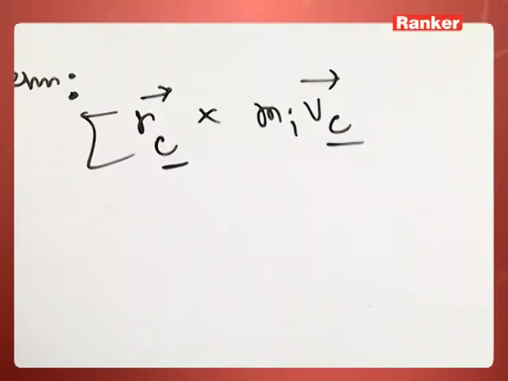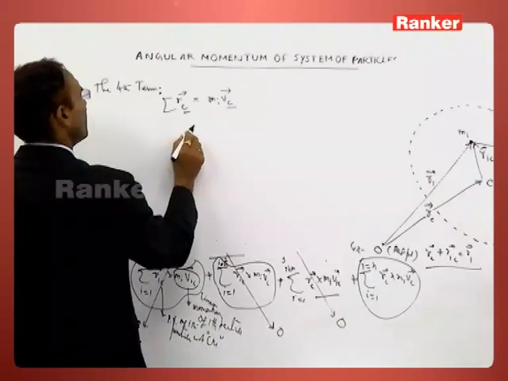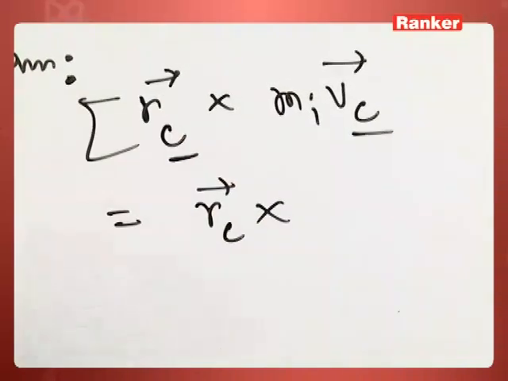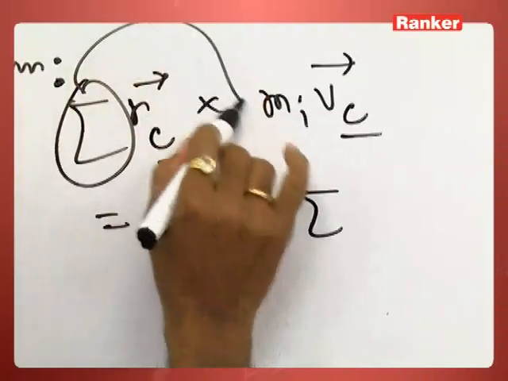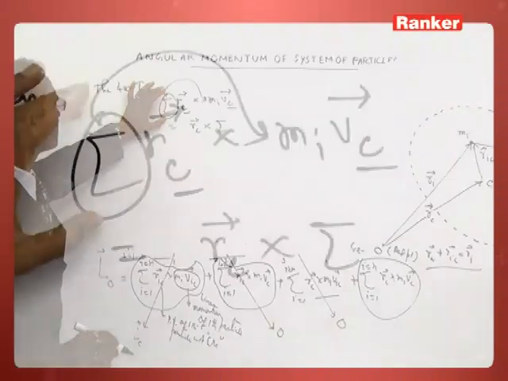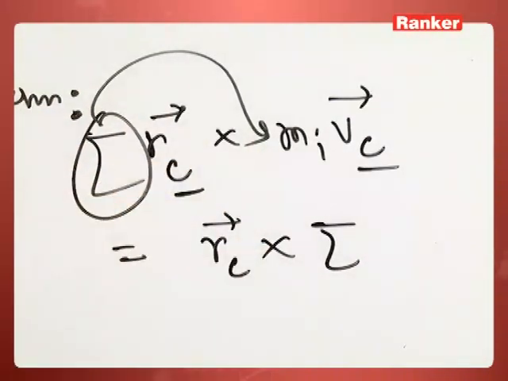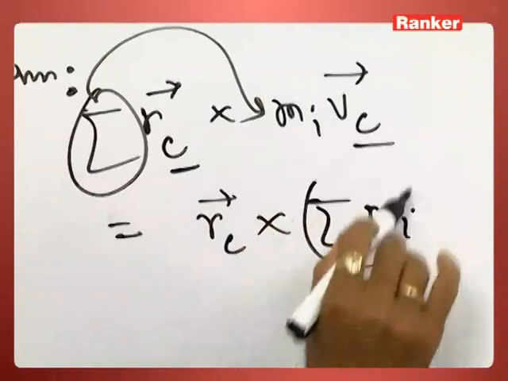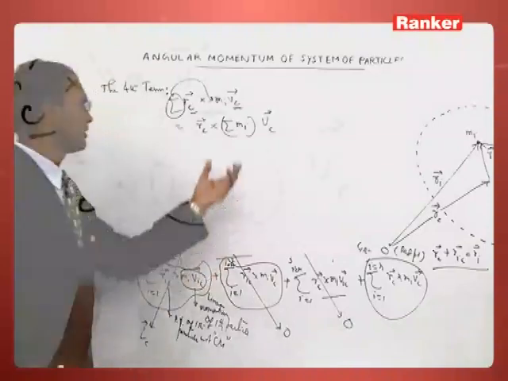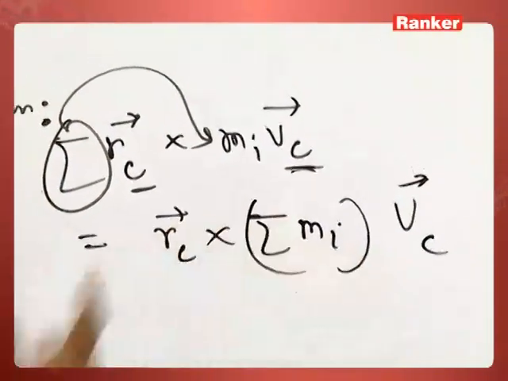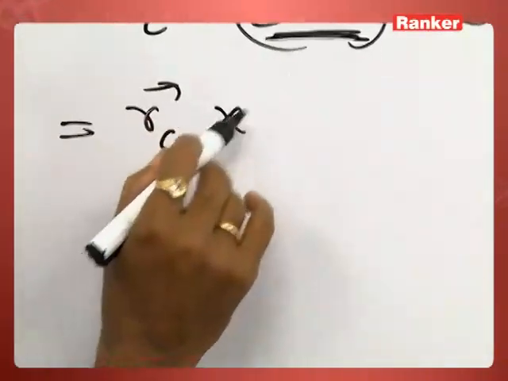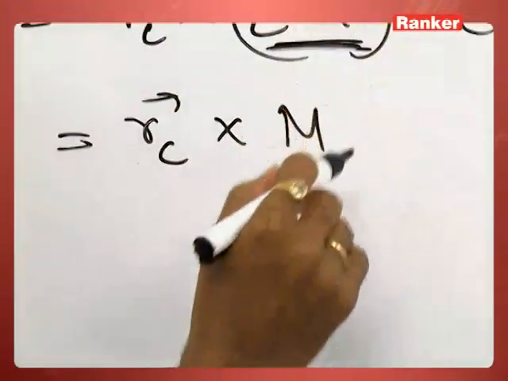These two are constant quantities. Therefore, we can just write R_C cross, take the sum symbol of the summation to this point, and since V_C is constant, you can put it out of the bracket. This signifies the total mass. So R_C cross total mass of the system V_C.